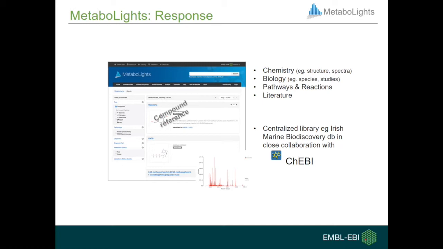So we are trying to become a centralized library, and part of that is also a sustainability thing. So for instance, the Irish Marine Biodiscovery Database, which tracks metabolites in the coastal regions of Ireland, submitted some of the metabolites they had identified, and we did that work in collaboration with ChEBI.